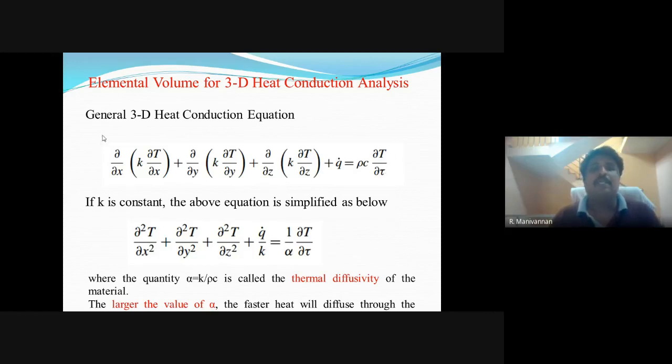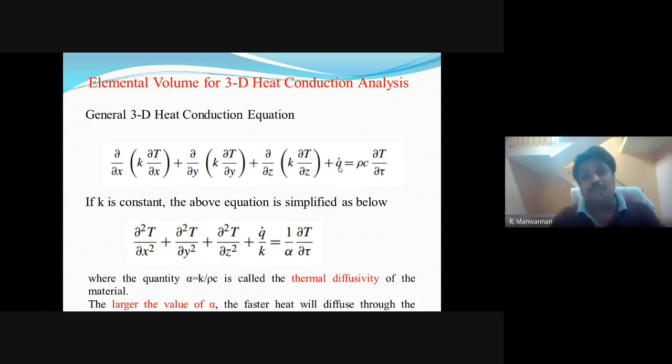So this is the general 3D heat conduction equation. In this derivation, we are assuming that k is not constant, so that is why it is kept inside the differential term. And this is an equation for an unsteady state case, because we have the unsteady term here, and also we are assuming that heat generation is present. That is why we have the q dot term also.